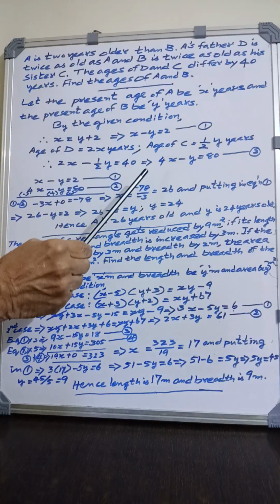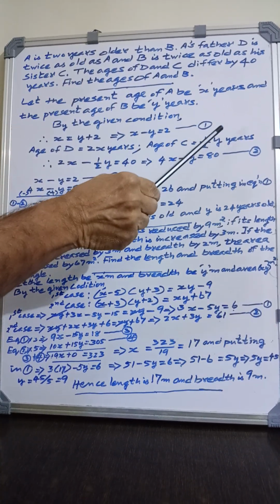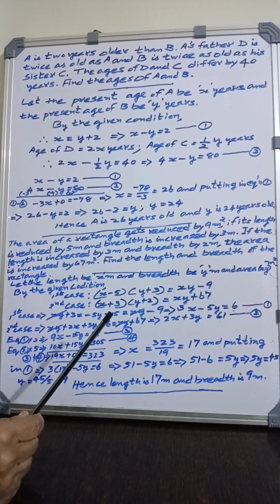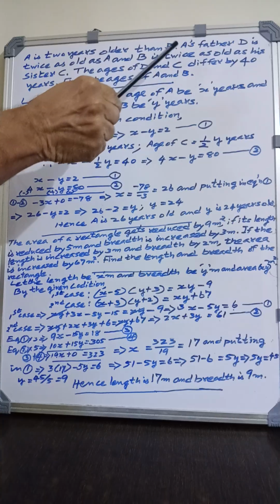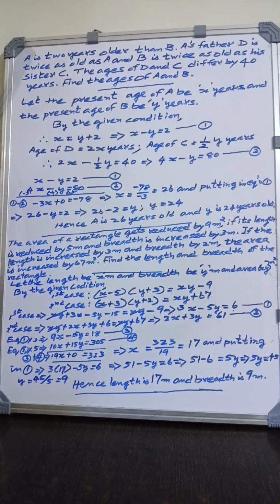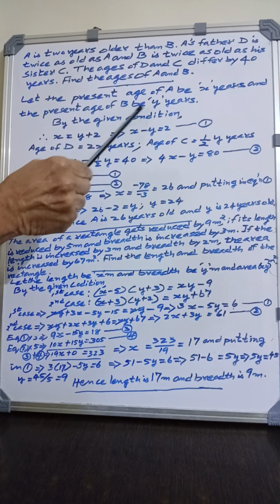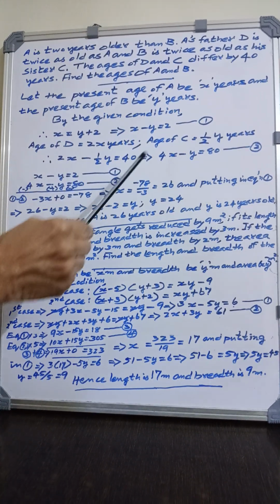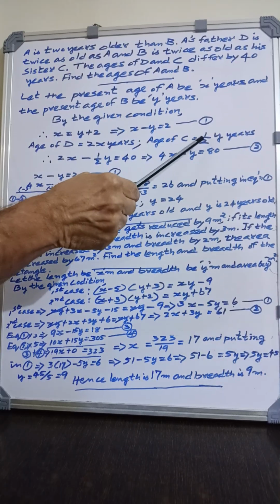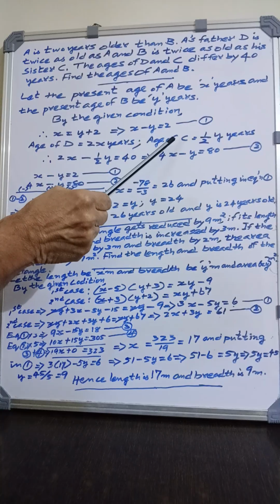And the age of C equals half y years. B is twice as old as his sister C. Already we supposed the age of B to be y years. Therefore, C equals half y. Why? Because y equals twice the age of C.